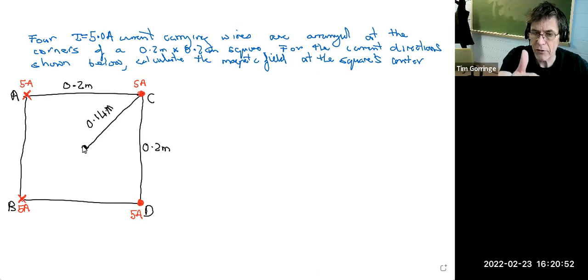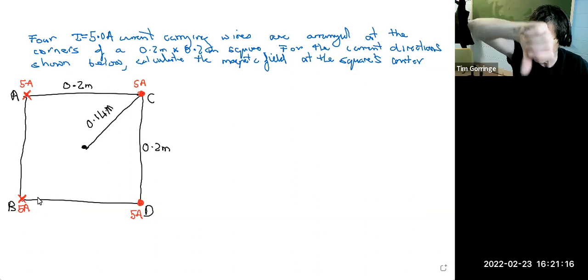When you apply the right-hand rule to the current carrying straight wire, you're figuring out the sense or the direction or the orientation of the field lines, knowing the direction of the current. So in the case of wires A and B, the current is into the page. So I'm going to point my thumb into the page.